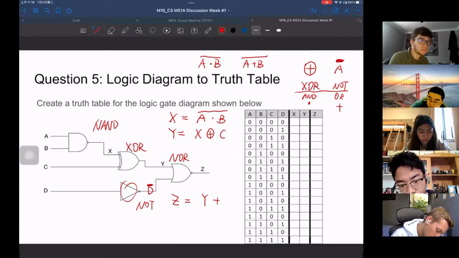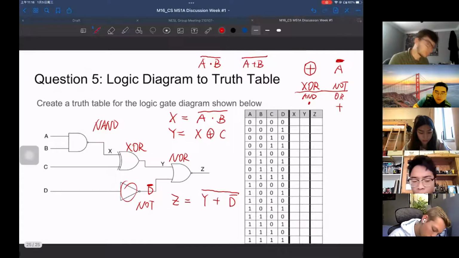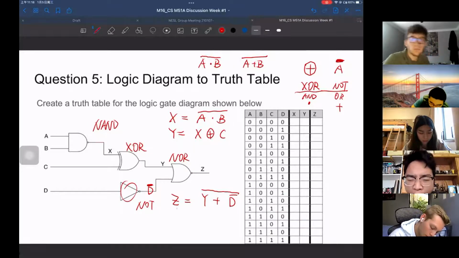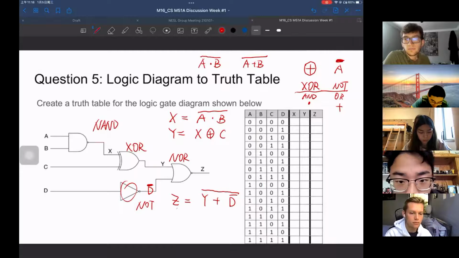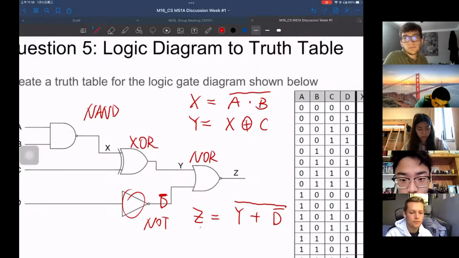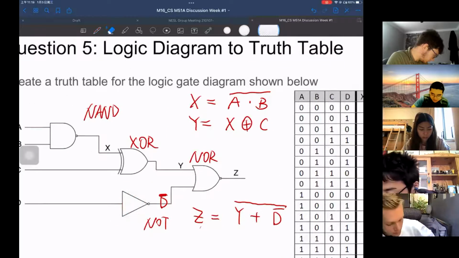There's a NOT gate here, and we put the bar here. Of course, you can write Z in one equation to plug everything in. I hope that makes sense. I know it's a little hard to recognize this at the beginning. So this is XOR, this is NAND, this is NOR, and this is a NOT, basically an inverter.